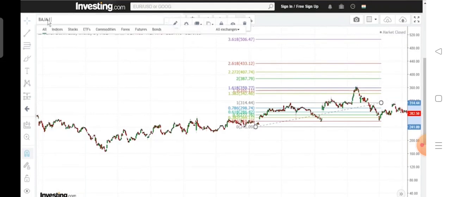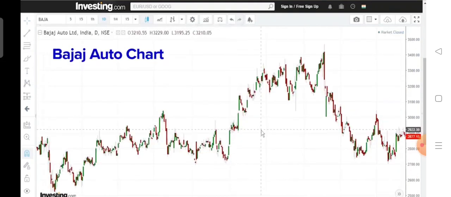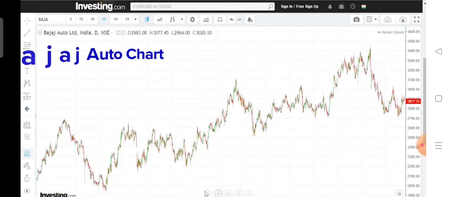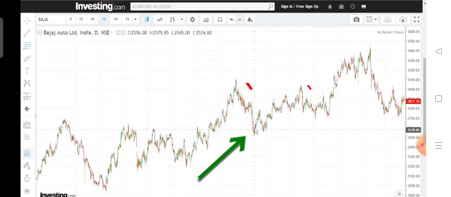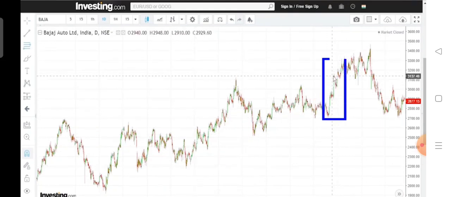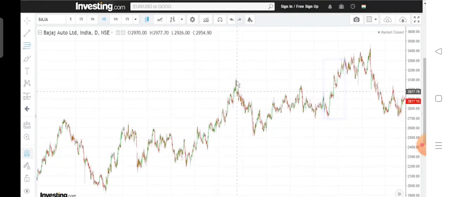The Bajaj Auto chart, let me go there. Now, first there was a very big move, then there was a correction, and then there was an up move. So to decide what would be my potential target once this up move has started and has crossed the previous high, let me draw the same thing.